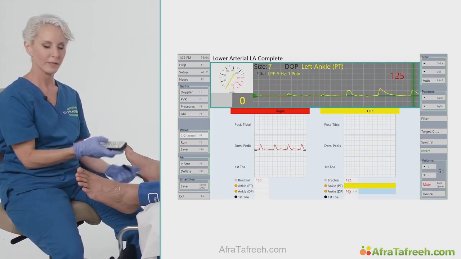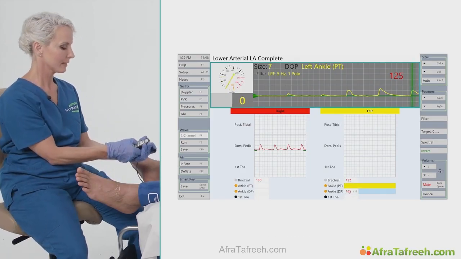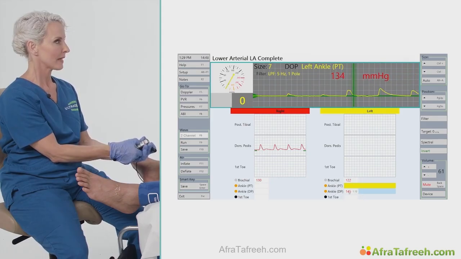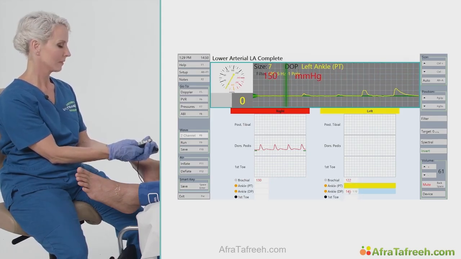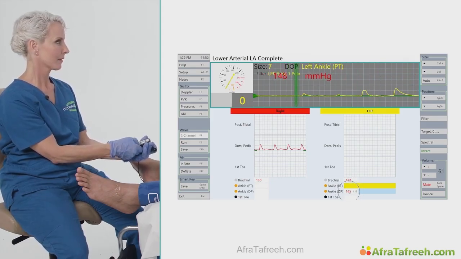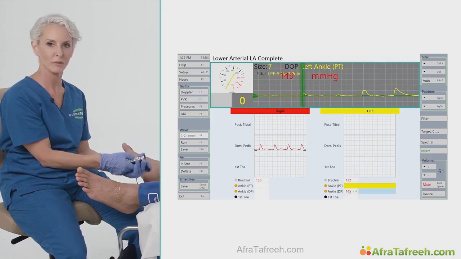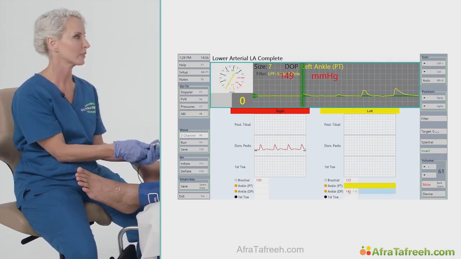Okay, I've waited for 3 return beats. I'll go back to the first one. At the onset, for a pressure of 149 millimeters of mercury.